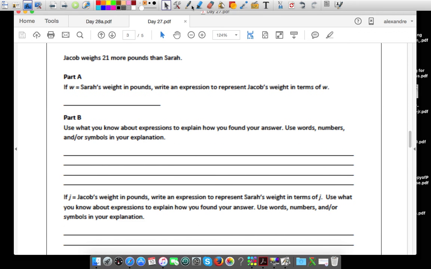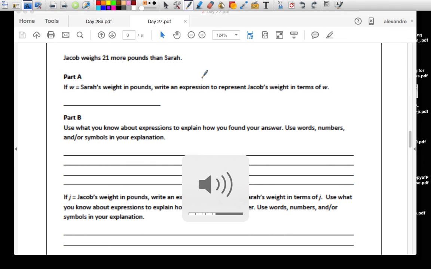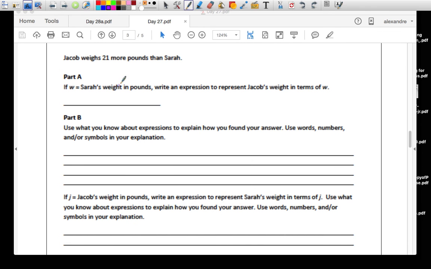Let's try the next one. Jacob weighs 21 more pounds than Sarah. If W is Sarah's weight in pounds, write an expression that represents Jacob's weight in terms of W. So Jacob weighs 21 more. How much does Sarah weigh?